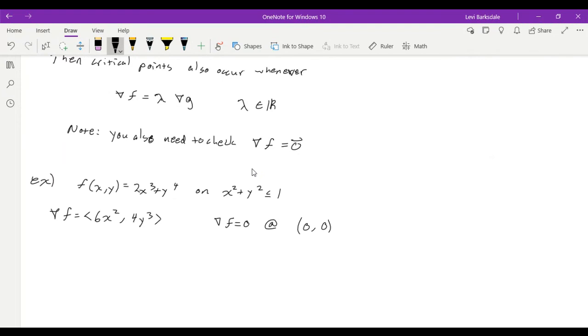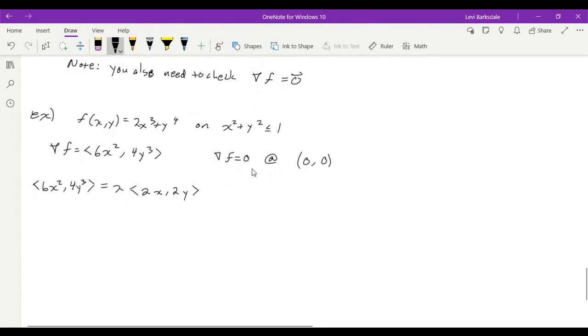Well, second, we also need to set this gradient of f, 6x squared, 4y cubed, equal to lambda times the gradient of g. The gradient of g would be the gradient of this constraining equation, so 2x, 2y. And this gives us a system of equations.